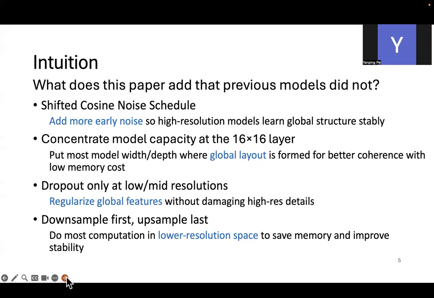Dropout only at low or mild resolutions. It regularizes global features without damaging high-resolution details. The last one is downsample first, upsample last. Do most computation in lower resolution space to save memory and improve stability.